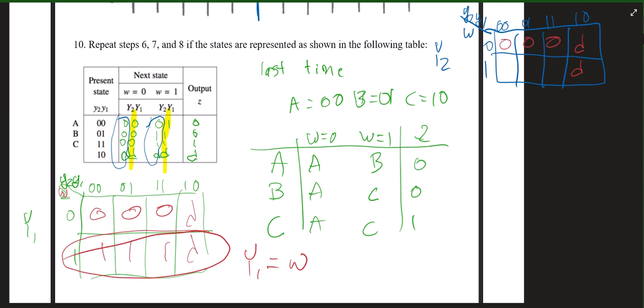When W is 1, we have 0 for 0, 0, and we have 1s for the other two. So that will be our expression, and Y2 will equal Y1W.